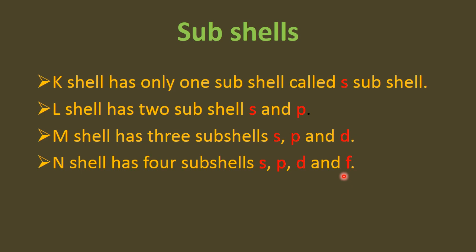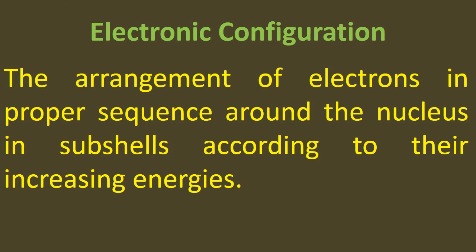So now, after studying all this, we will move toward the topic which is electronic configuration. Now it's very easy for us to dive into the topic and find out how electrons accommodate in atoms. So here we go with it. What is electronic configuration?